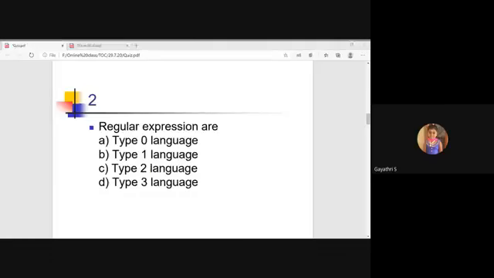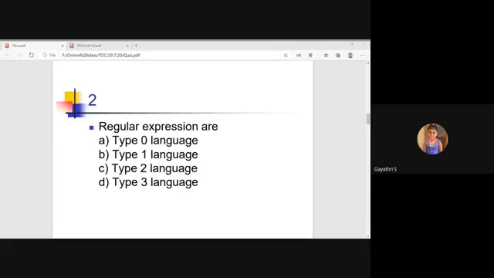Next one, regular expressions are coming to which of the types of languages or grammars available in theory of computation? Which type are regular expressions?